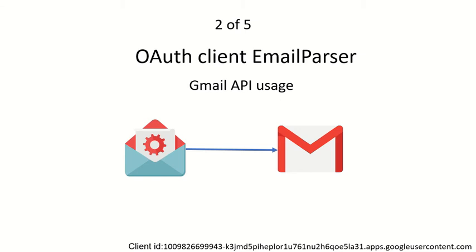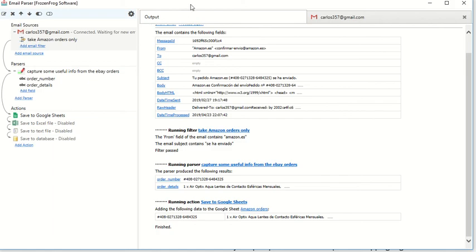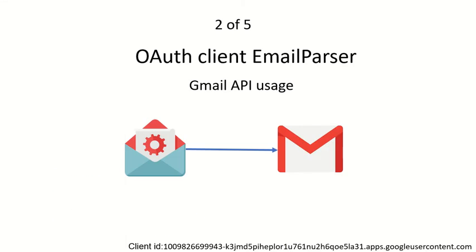How does the user authorize Email Parser to access the Gmail account? Okay, let's start from scratch. Let me remove everything here and show you how Gmail is set up.